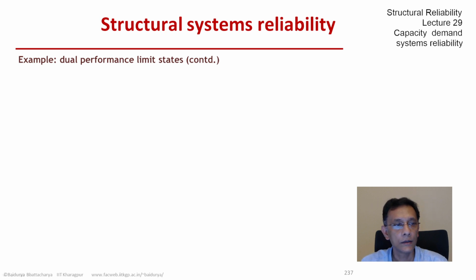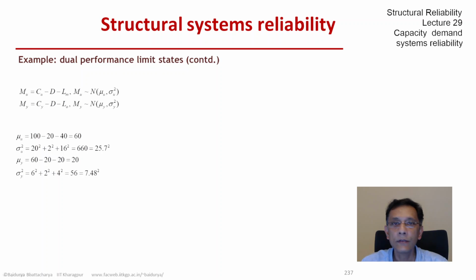So here they are. We define 2 safety margins, MU and MY, and you see how they are just linear combinations, and each is normal with their own mean and variance. With the given numbers, we can find that the mean of MU is 60 and the variance is 25.7 squared, and the mean of MY is 20 and the variance is 7.48 squared.